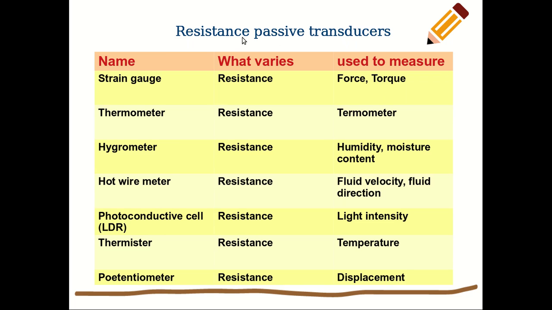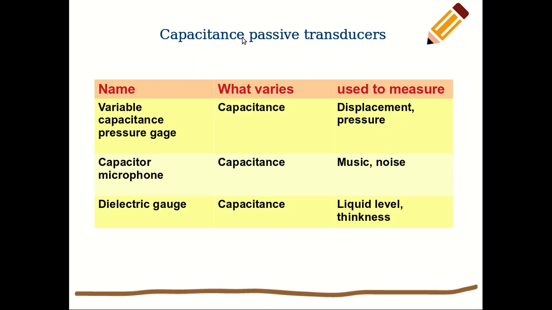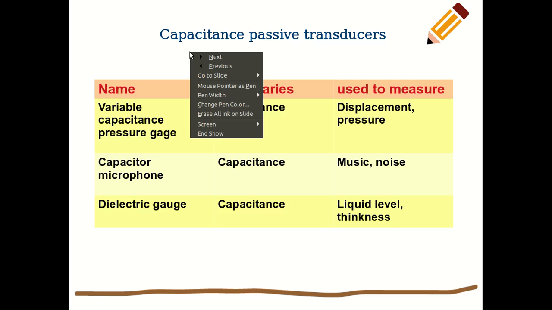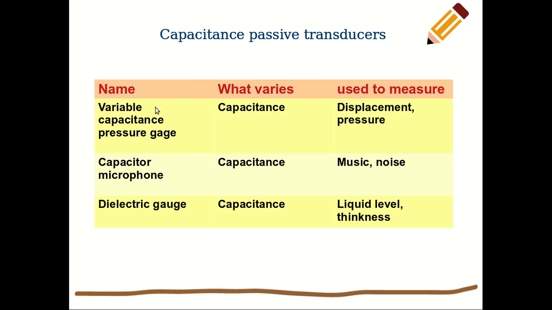These are the examples of passive transducers in which it is the resistance that varies while the process of transduction takes place. Another class of passive transducers is the one in which capacitance varies. The examples in which the capacitance of the system varies when one converts input signal to output signal are like the variable capacitance pressure gauge, which is used to measure displacement or applied pressure.